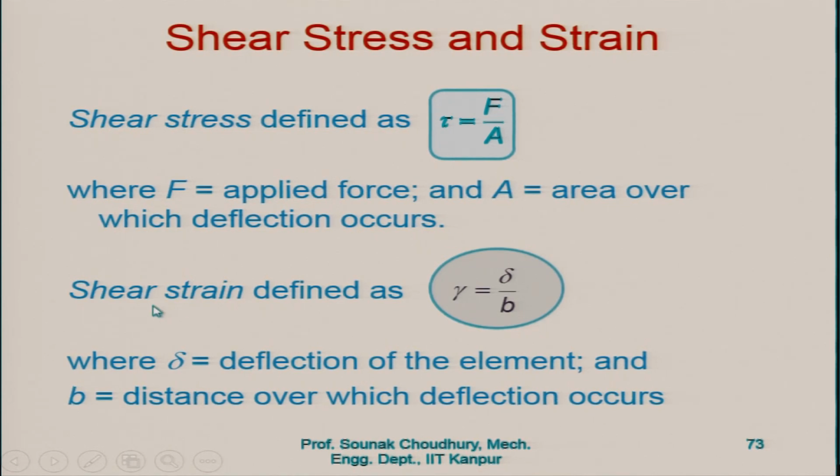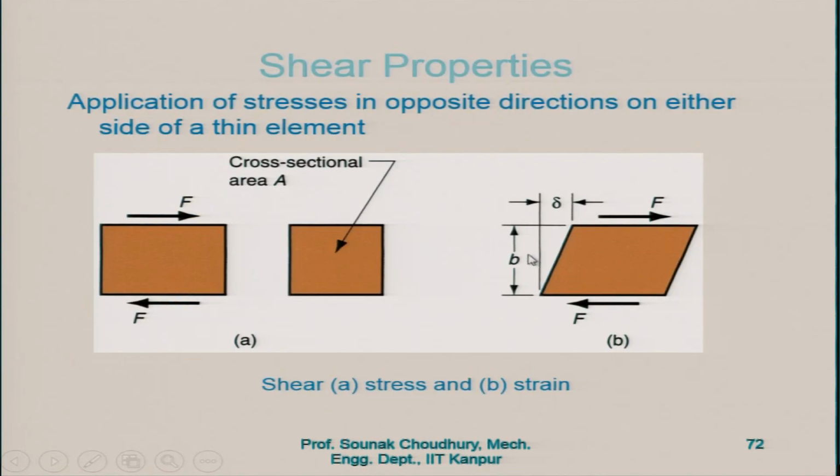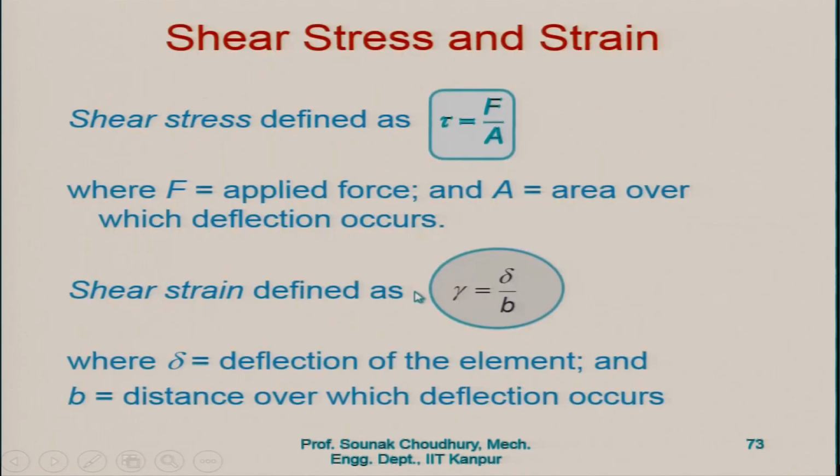Now, the shear strain is defined as delta divided by B, where B is the distance between the two layers. If this layer is moving with respect to this layer in the opposite direction, the distance between these two layers will be B, and the deflection of the element is delta. So, delta by B will be the shear strain.